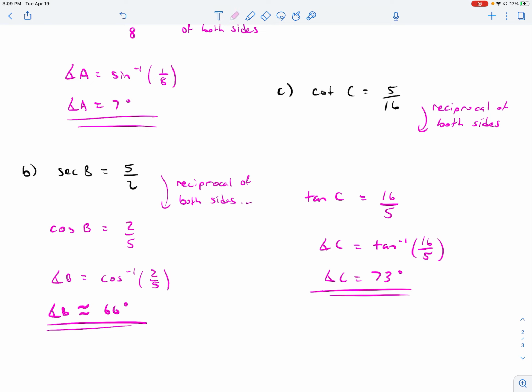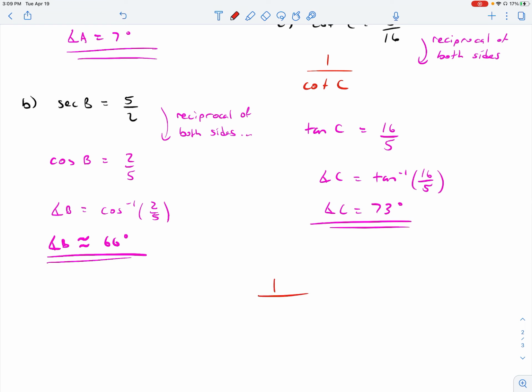When we take the reciprocal of both sides, we're actually doing 1 over cotan of C. You might be wondering how this is equal to tan of C. Well, 1 over cotan is equal to tan of C.